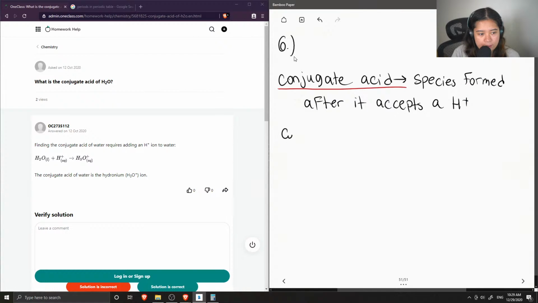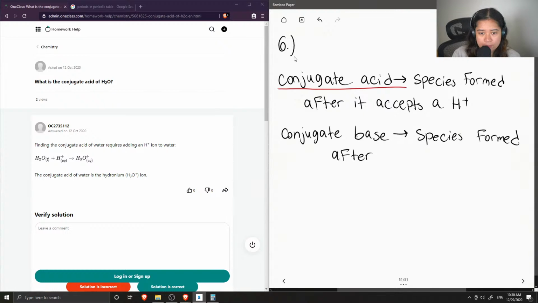And I'll write the definition of a conjugate base. Species formed after it donates a proton.